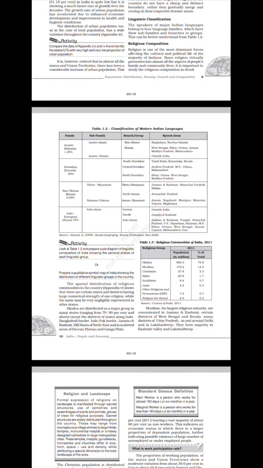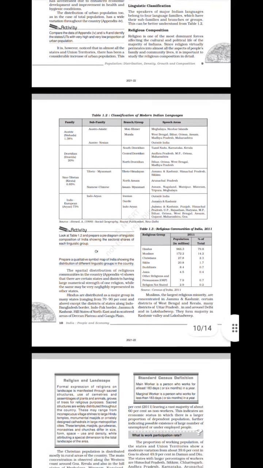Muslims, the largest religious minority, are concentrated in Jammu and Kashmir, certain districts of West Bengal and Kerala, many districts of Uttar Pradesh around Delhi, and in Lakshadweep. They form the majority in Kashmir Valley and Lakshadweep.